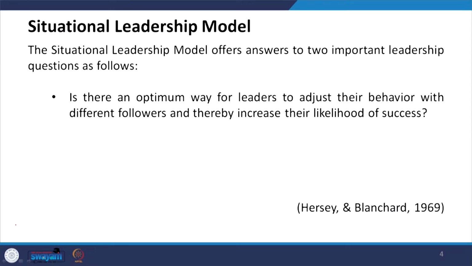The situational leadership model offers answers to 2 important leadership questions. Is there an optimum way for leaders to adjust their behavior with different followers and thereby increase their likelihood of success? Therefore, it is always important that the leader adjusts the behavior according to the maturity level of followers.